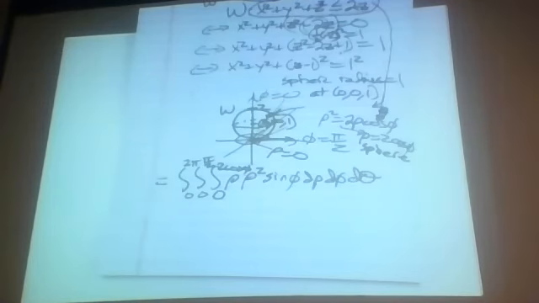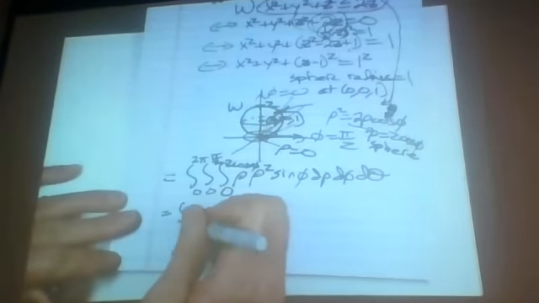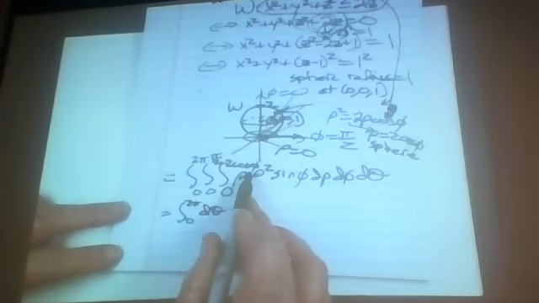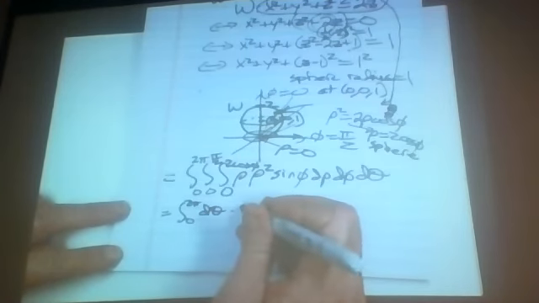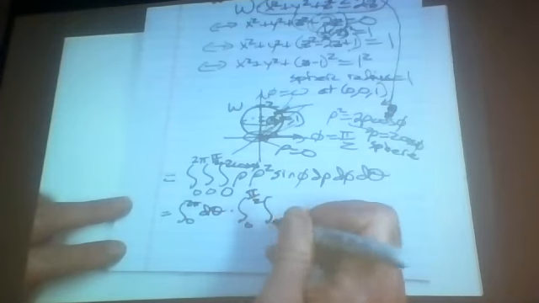Now you can do this one relatively easily, but you can't pull it all apart. You can pull the d theta through because there's no theta in here, right? So I can rewrite this as integral 0 to 2 pi d theta, which just evaluates to 2 pi. But I can't pull the other integrals apart because this integral is evaluated as a function of phi. So I'm just going to have to say times integral from 0 to pi over 2, integral from 0 to 2 cosine phi.